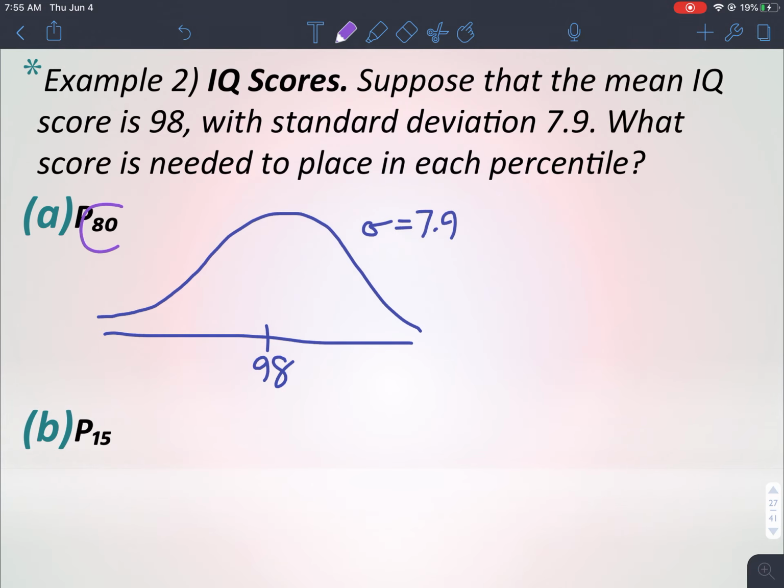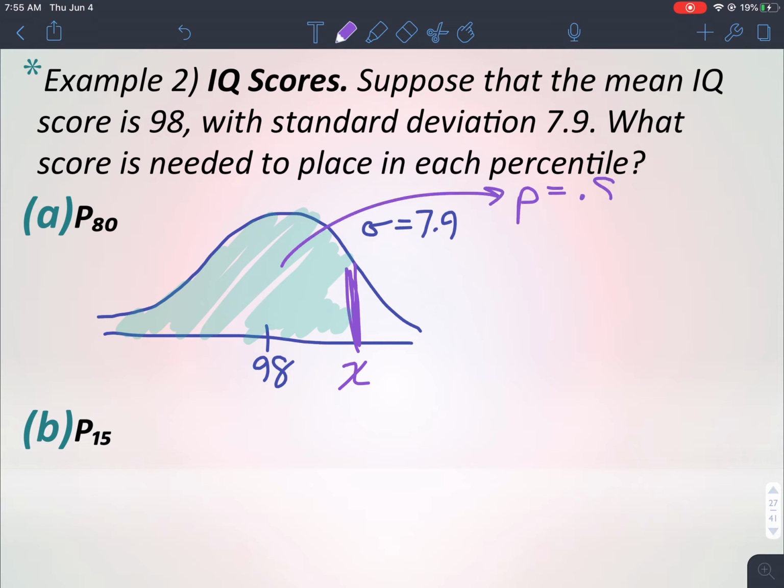Again, 80 is not a score, it's a percentage, so that's going to be above the mean. Some score x with the shaded region to the left, and that's going to be 0.8. Inverse normal of 0.8, comma 98, comma 7.9.